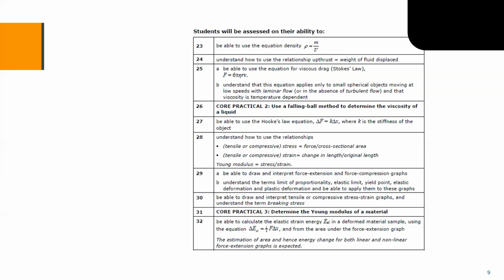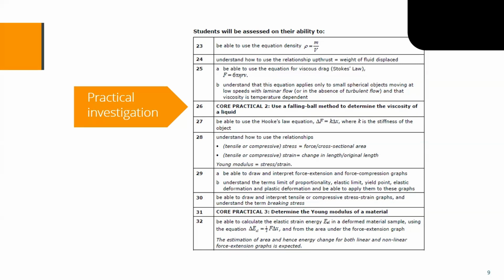This is a page from the content section, actually in 1.4 materials, and it indicates how the core practicals are shown. You can see as you look down the sheet there, the core practical is in bold print, and it actually says clearly CORE PRACTICAL in capitals: use a falling ball method to determine the viscosity of a liquid.